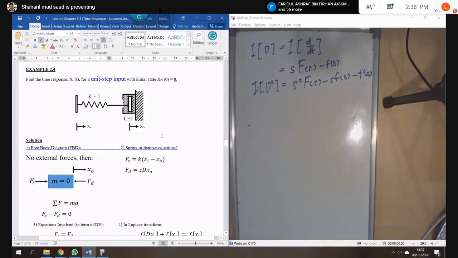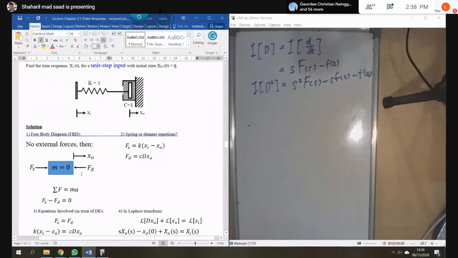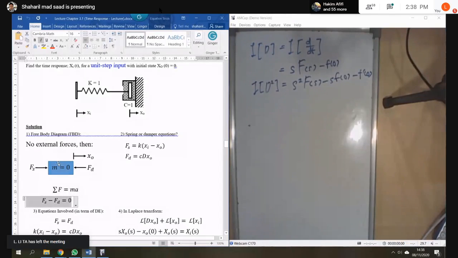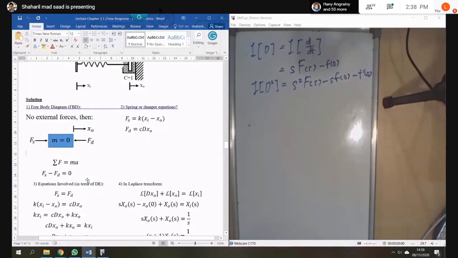So in the example, you have a spring and also a damper, where K equals 1 and C equals 1. When you do the free body diagram, you will get this kind of equation, where we can say that this point has the mass equal to 0, in order to draw the free body diagram.